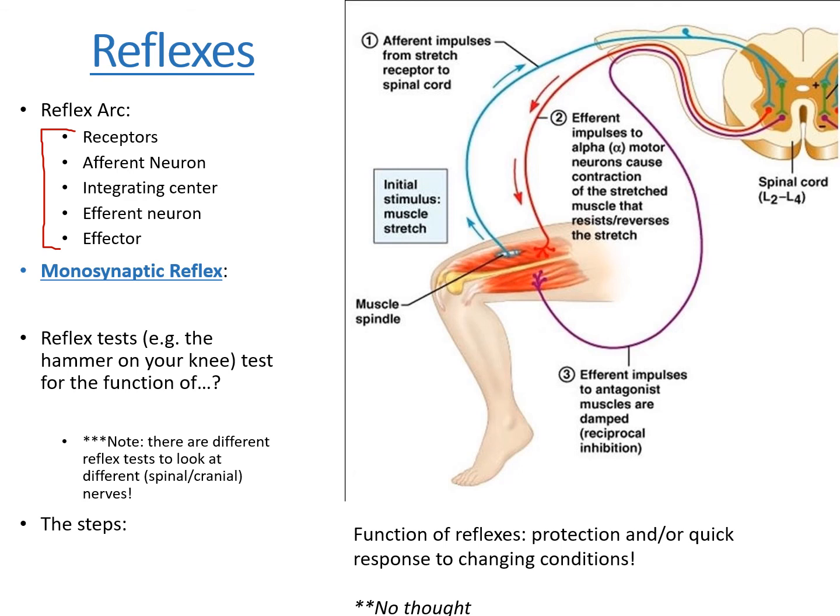And so yes, there's a knee-jerk reflex, but there are also so many other reflexes that can be tested. So we'll talk about that first. And so each individual reflex tests different nerves, right? So the knee-jerk reflex is going to test a different reflex than your calcaneal reflex when you take the little hammer and you hit back here, which is different than the Babinski reflex, and so on and so forth.